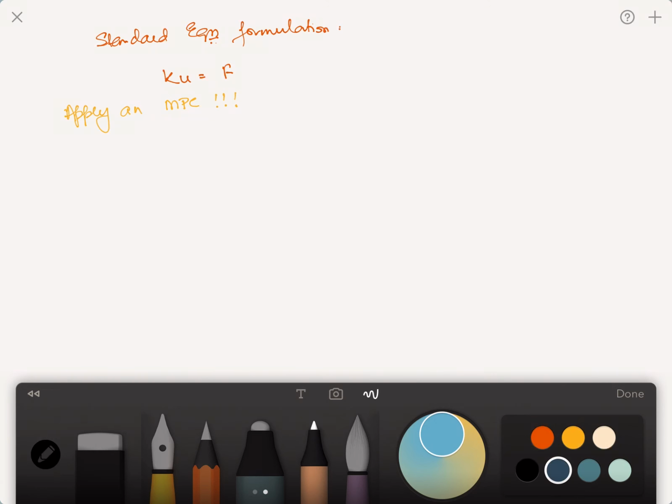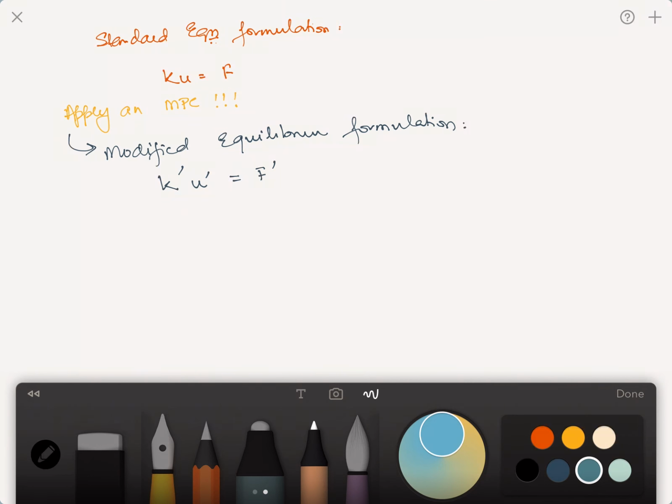What happens? I end up with a modified equilibrium formulation, and that is K dashed U dashed is equal to F dashed. So I have everything modified. Now when I solve this, I get as a result the modified unknown displacement vector.